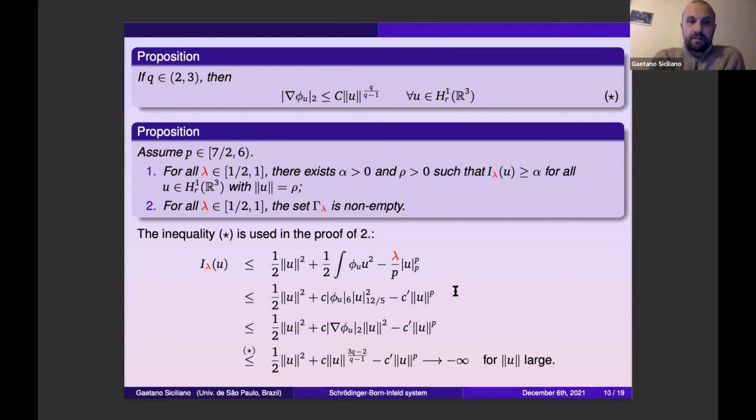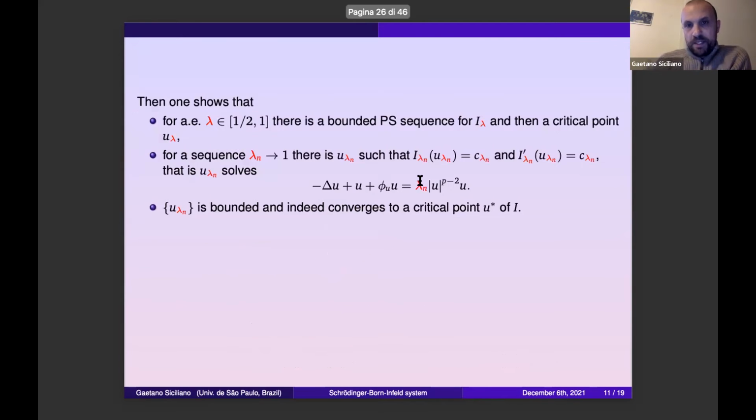And we see that if P is chosen between 7/2 and 6, this functional becomes negative. We have the geometry of Jeanjean, of the monotonicity trick, uniformly in lambda, and then the remaining is basically standard.